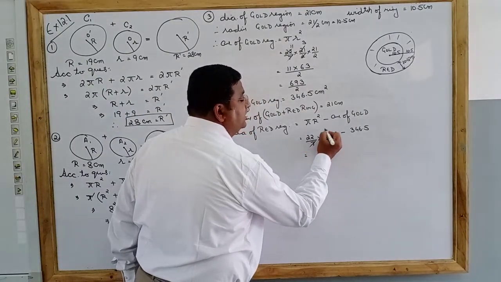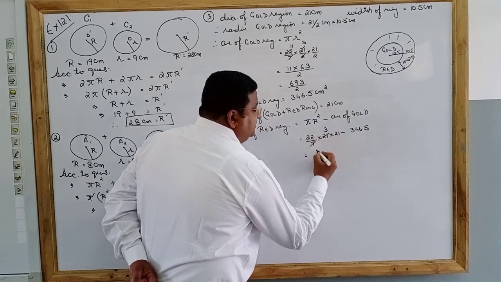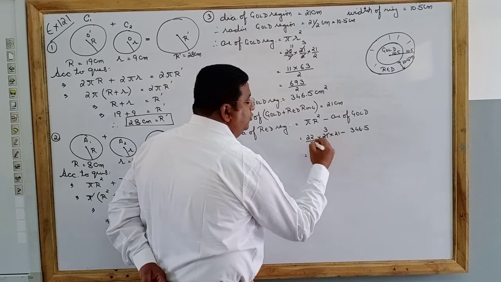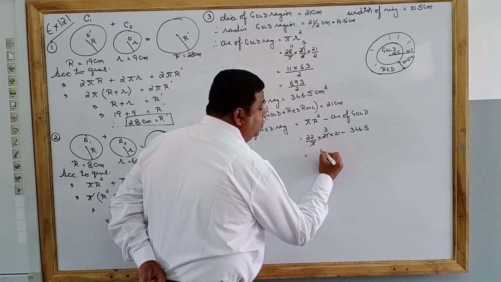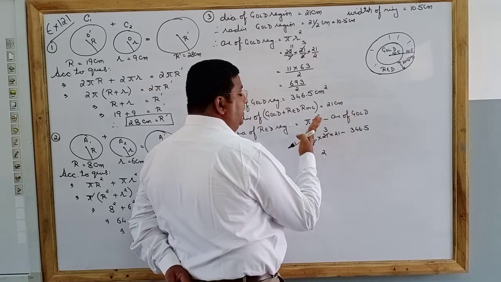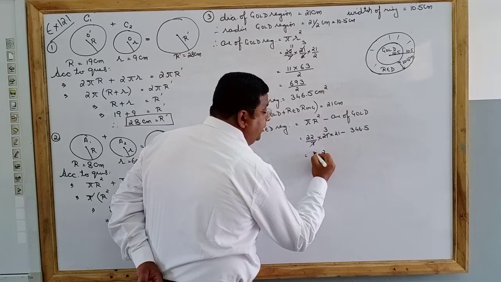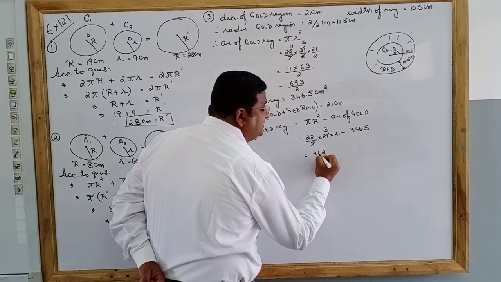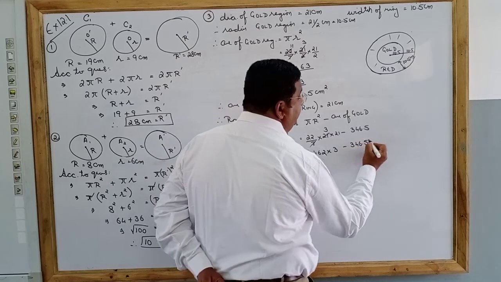So 7 threes are 21. 21 twos are 42. Carry 4. 21 twos are 42, 42 and 4, 46. 46 multiplied by 3, minus 346.5.